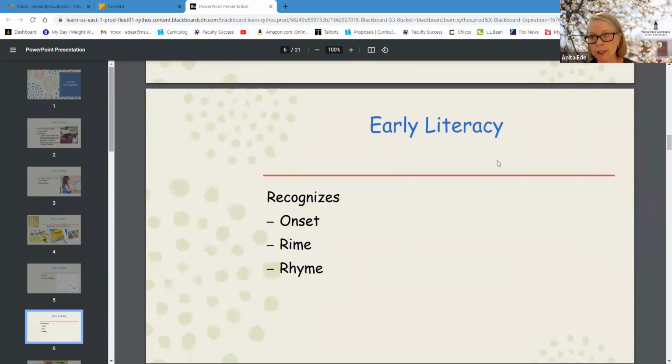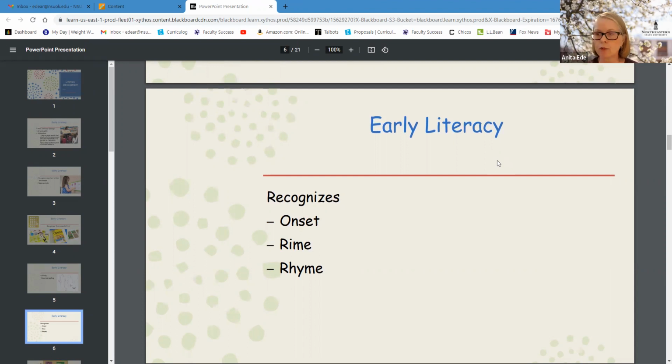Here are some words that you've got to know, and you got to know exactly what they mean. When we're talking about onset, we're just talking about the beginning sounds in words. That's all that is. Rhyme, R-I-M-E, is different from rhyme, R-H-Y-M-E. The R-I-M-E is the word families.